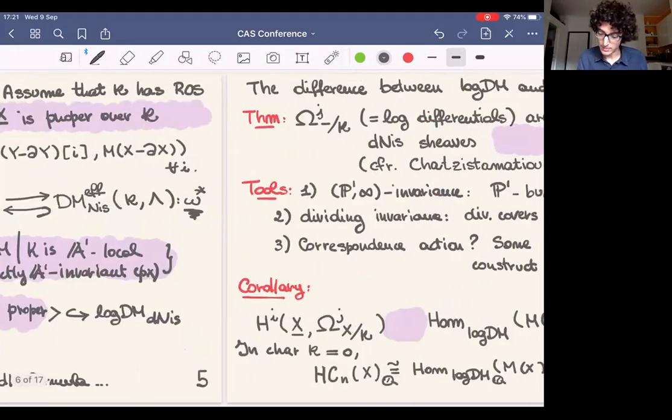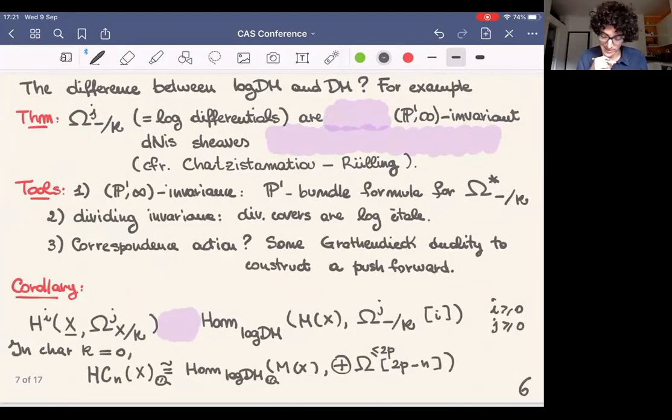Good. So on the same line, let me stress what the difference is between logDM and DM, because that's a reasonable question, and Mark asked me before. So let me answer it properly this time. What is the difference between logDM and DM? Let me give this example, and I can state the following theorem.